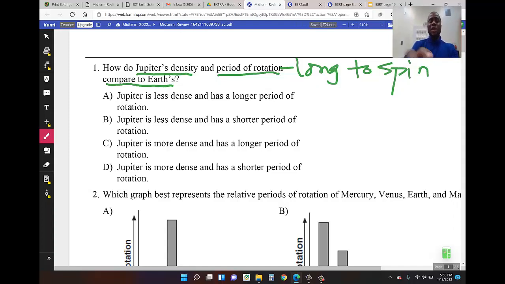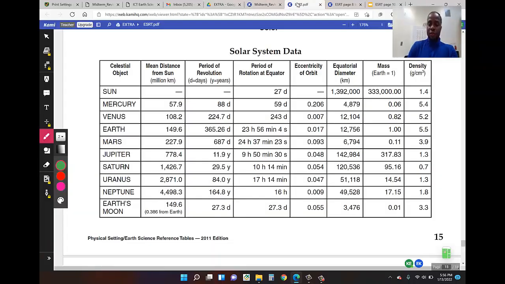And what Earth Science reference table page can help us with this? This is definitely ESRT page number 15, solar system data. So turn with me to page 15, and we are looking at the density and period of rotation. Which column here talks about density? It is this column right here.